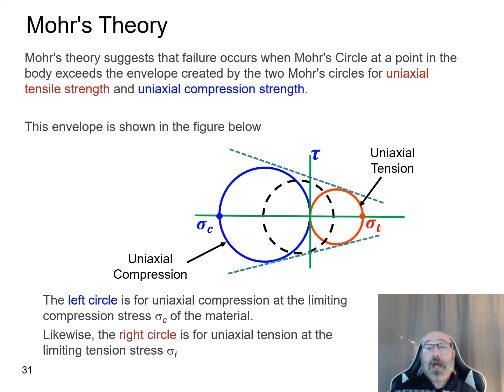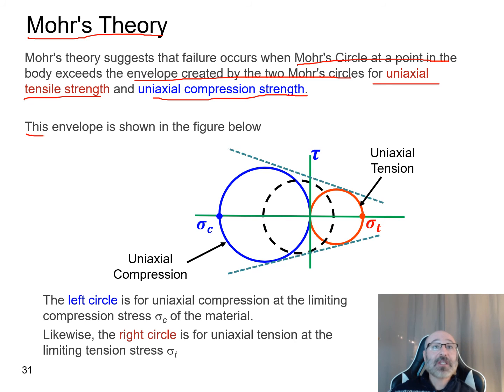So let's take a look now at Mohr's theory and go into a little bit of detail and review of that. Mohr's theory suggests that failure occurs when Mohr's circle at a point in the body exceeds the envelope created by the 2 Mohr circles for our uniaxial tensile strength in red, and our uniaxial compression strength in blue. In the graph below, we can see the envelope shown in this figure.